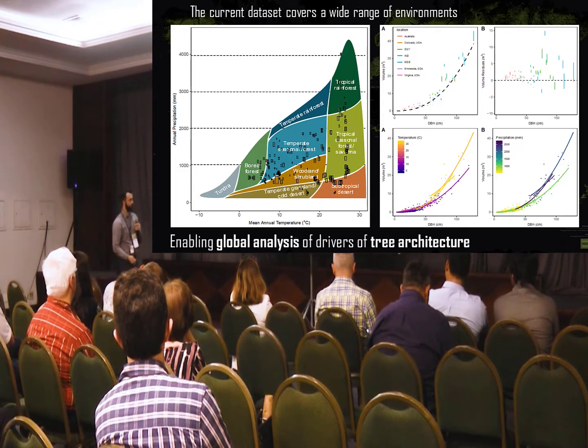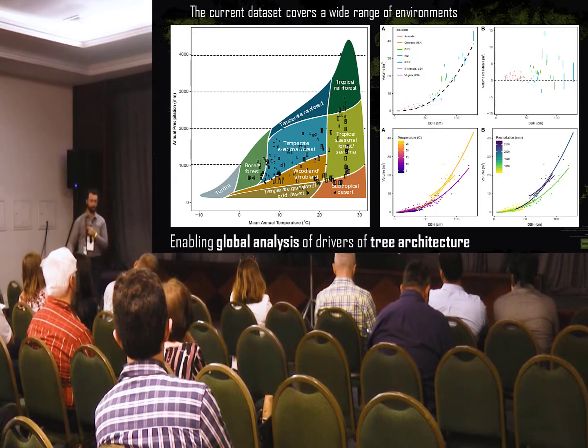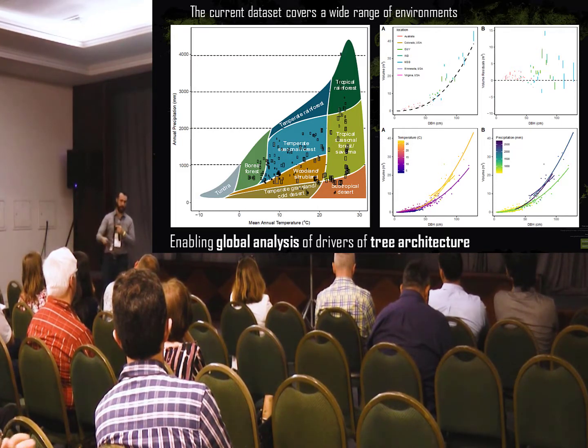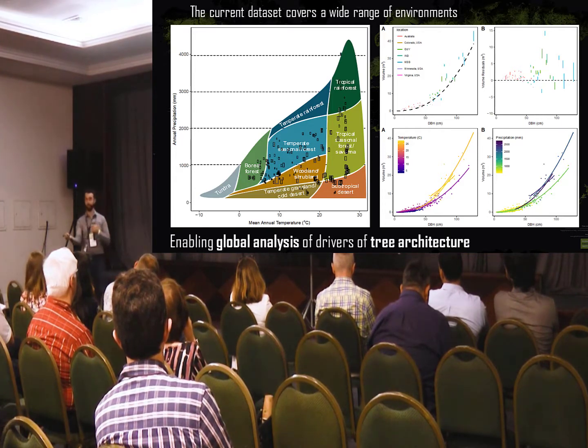We can see that we're covering a pretty wide array of climates in different ecosystems, which I think is super interesting, that just the three of us piling in what we had in our hands filled out this much of this climate range. So I think with more contributions, it could get even more interesting.